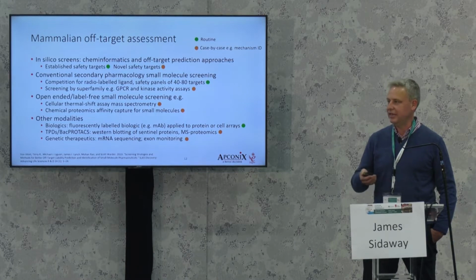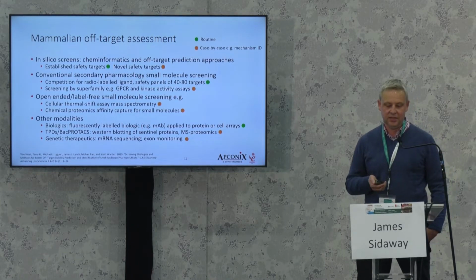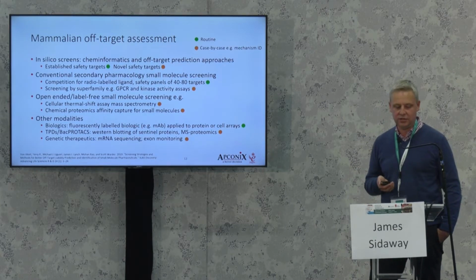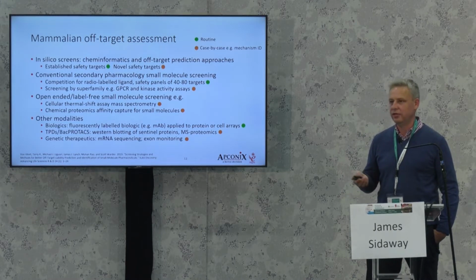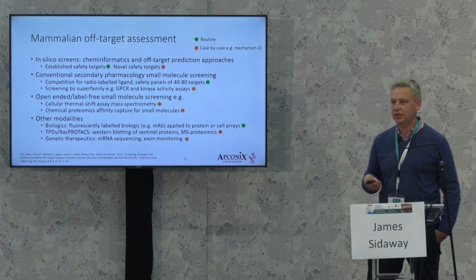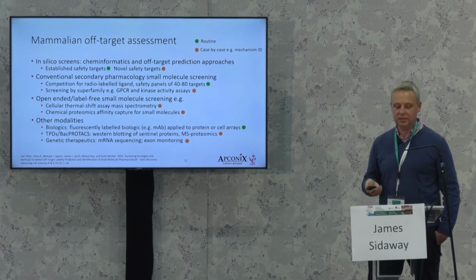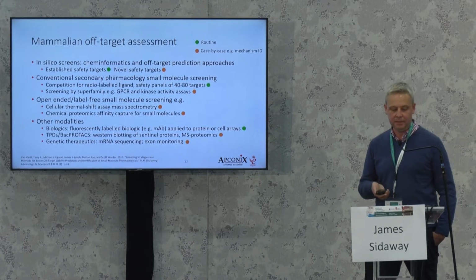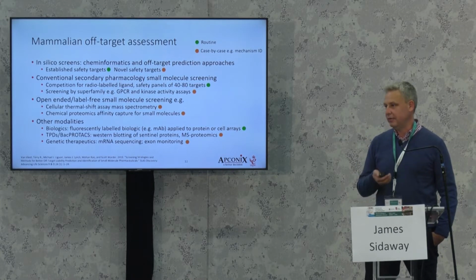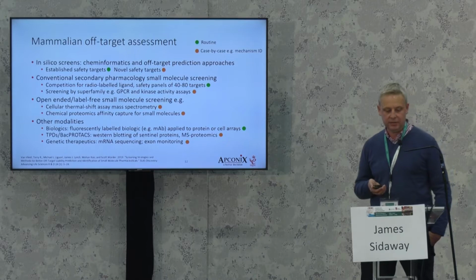So if you hit that target and you modulate it in vivo, you may actually see an adverse event. So those probably should be routinely screened for. But then there are larger superfamily screens that have evolved through drug discovery, like kinases and GPCRs. If you get a hit from the smaller panel, you may want to follow up and look at a more diverse panel.